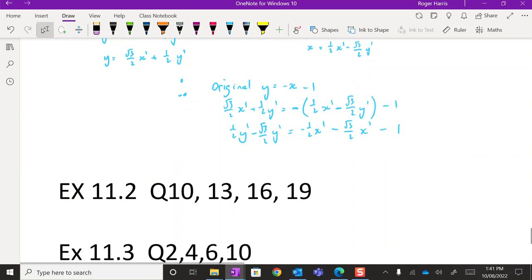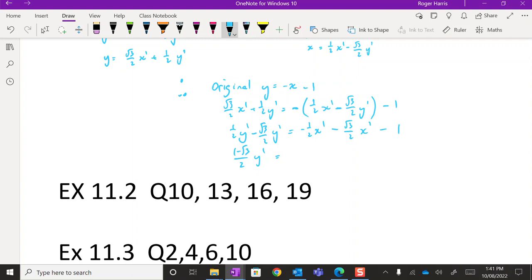Bring all that together, common denominator. So I've got 1 take root 3 onto y1, which obviously has to go to the other side at some stage. And I'm going to have 1 take root 3. Yep.